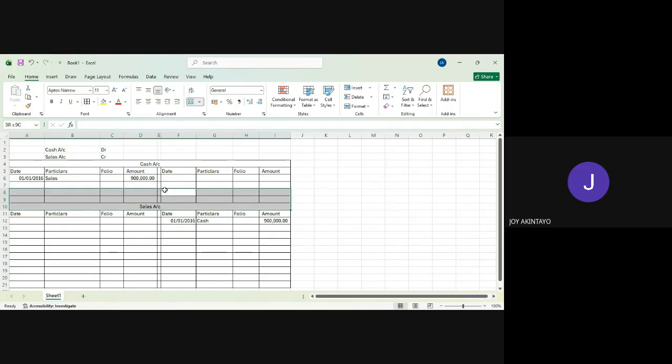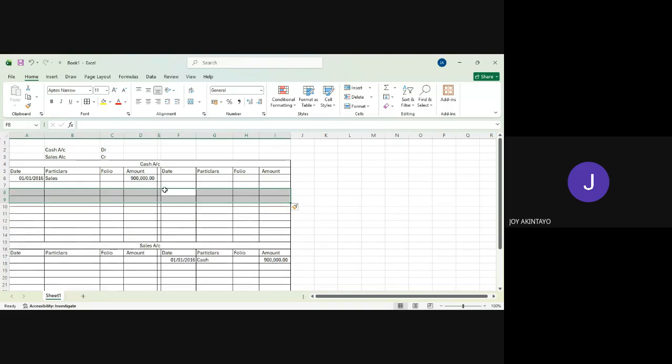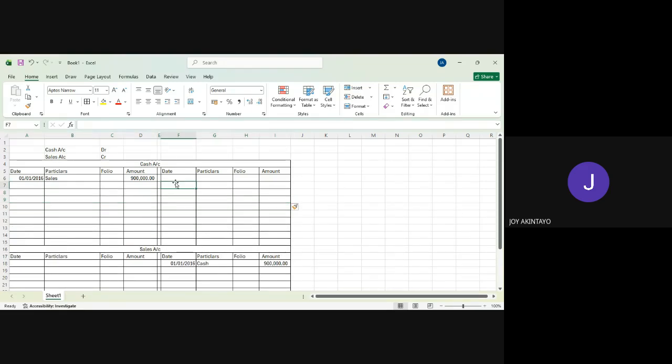The rent is receiving. Then the cash is giving. Which account is giving? The cash account is giving.